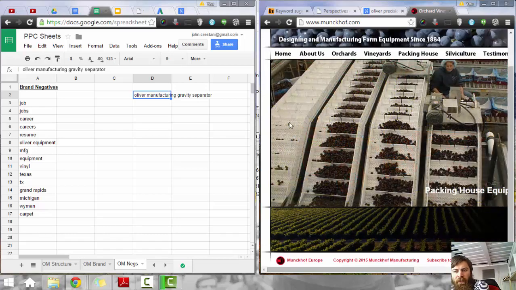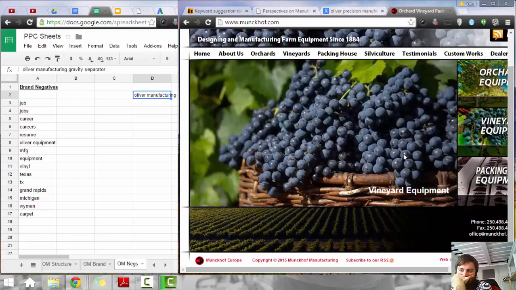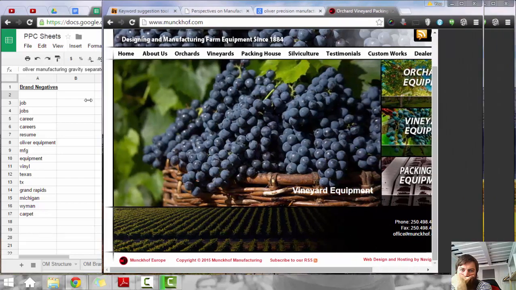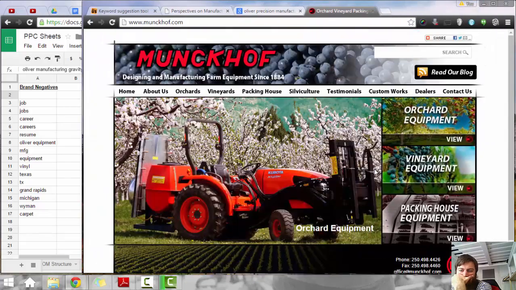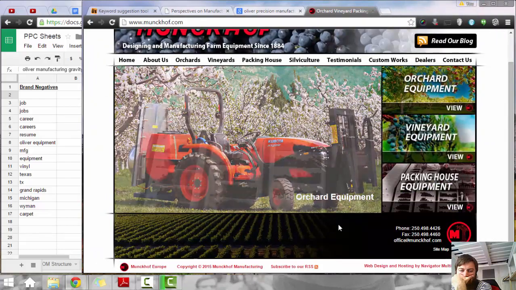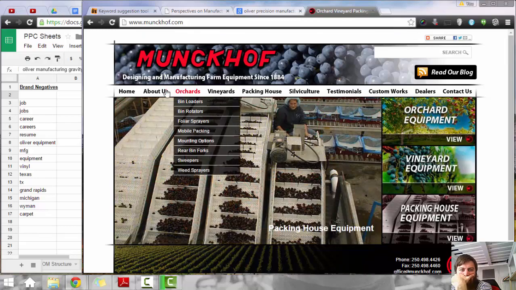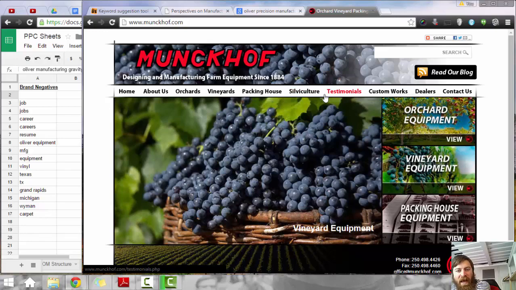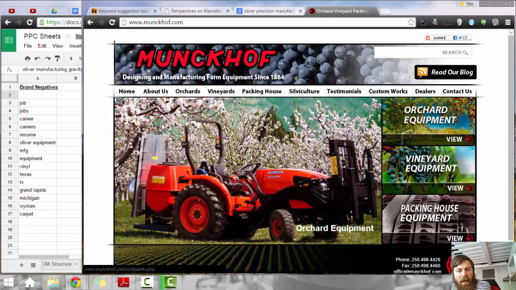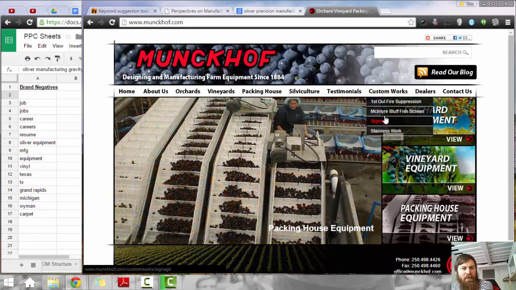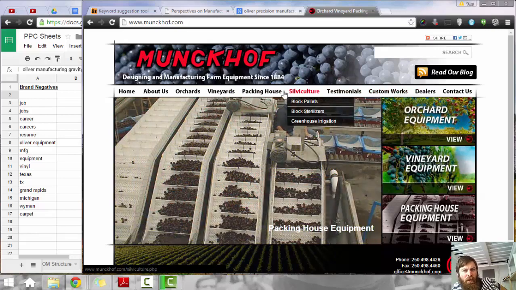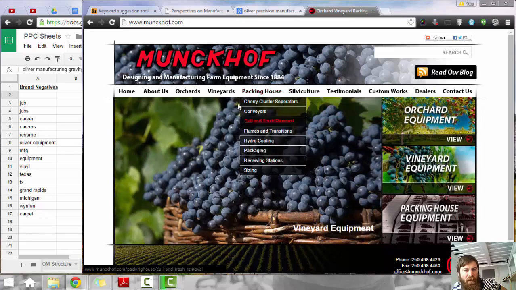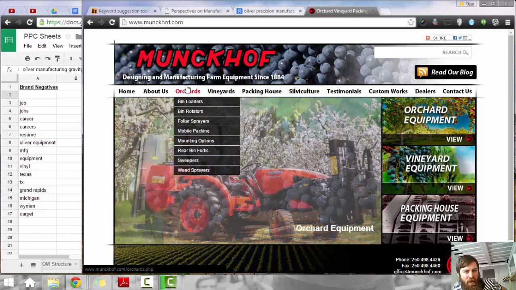They do farm equipment, house equipment. So it looks like they almost work in the same industries as Oliver Manufacturing, you know, some of these conveyors and hydrocooler stuff like that.